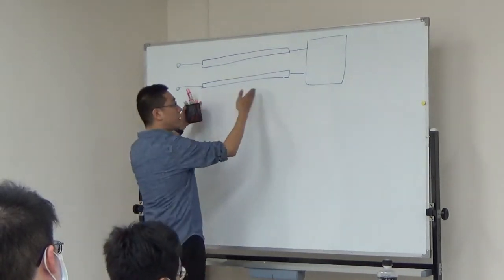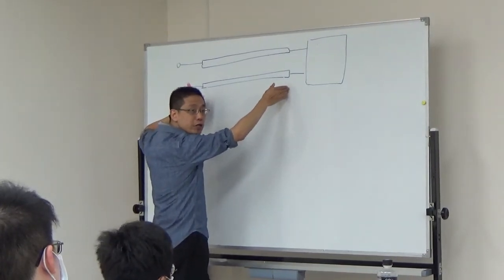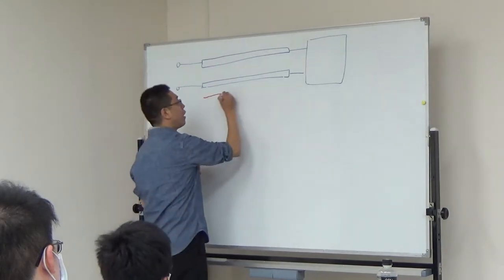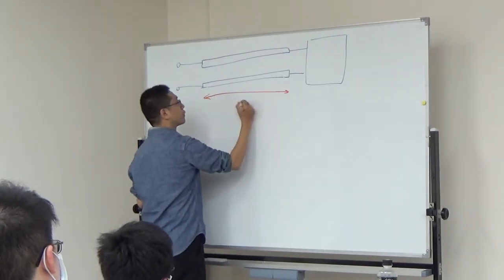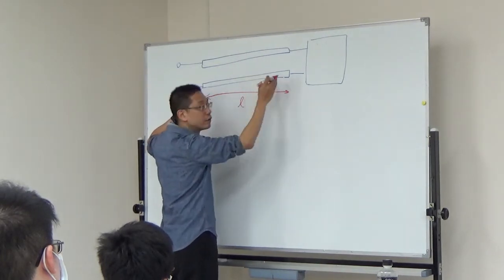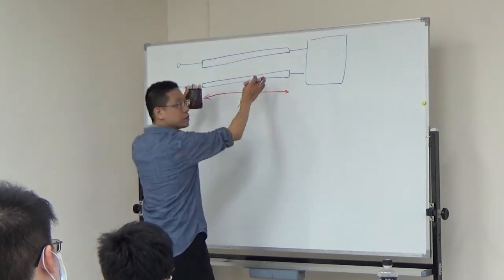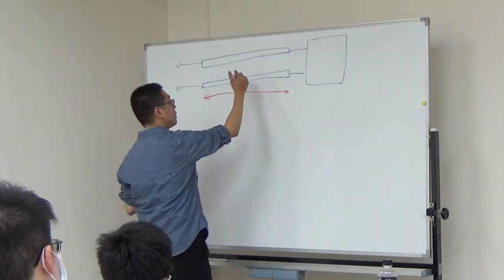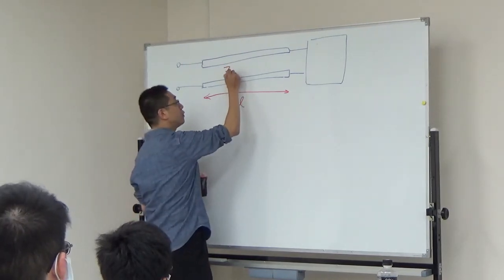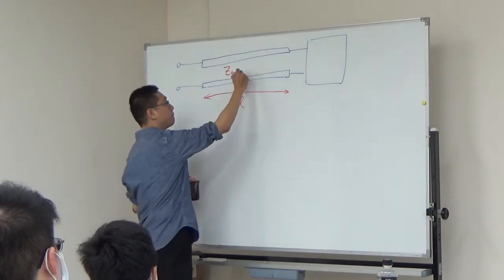If we have a transmission line, this transmission line has the length L. How long it is: L. This transmission line has the characteristic impedance Z0 and the propagation constant beta.